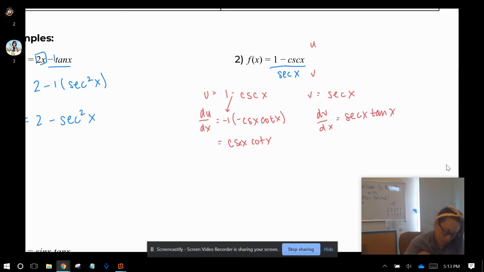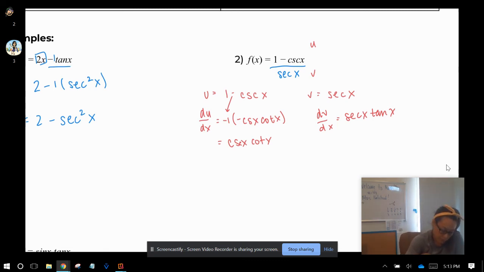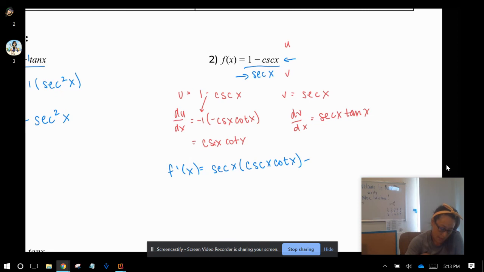All right, so we're going to go ahead and use the quotient rule to take the derivative. So f prime of x is equal to low d high, high d low. So the low is secant x, right there, secant x, times the derivative of the high, which we figured out is cosecant x cotangent x, minus high d low.